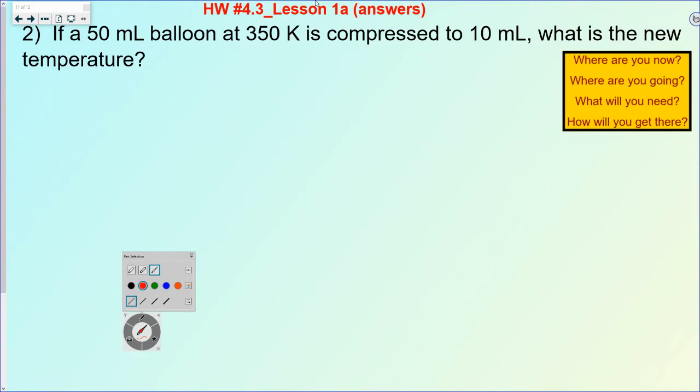Okay, next one. Where are you now? If a 50 milliliter balloon at 350 Kelvin is compressed to 10 milliliters, what is the new temperature? Where are you now? What information do you have?